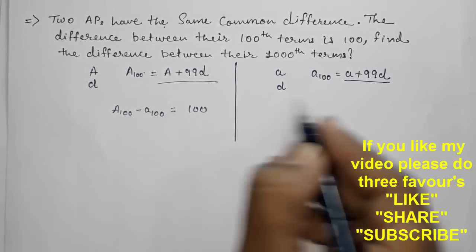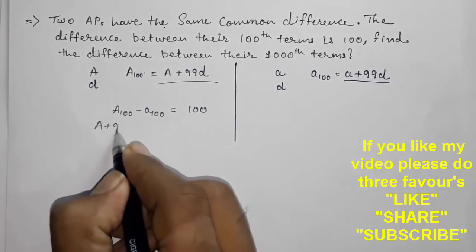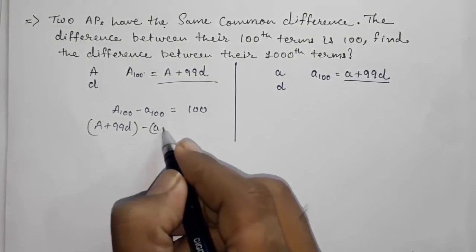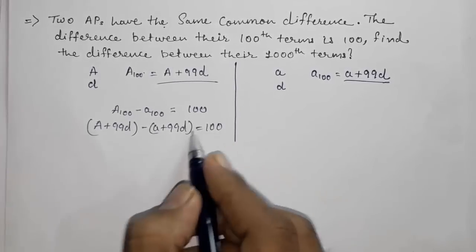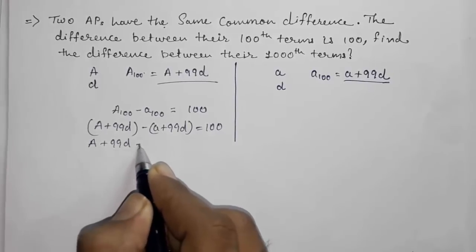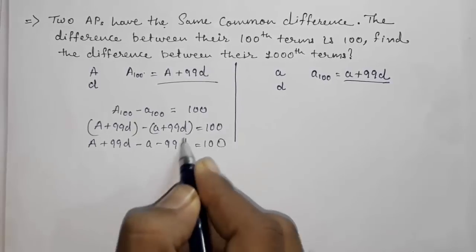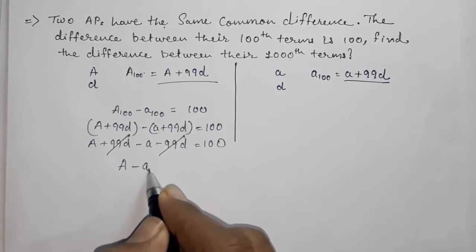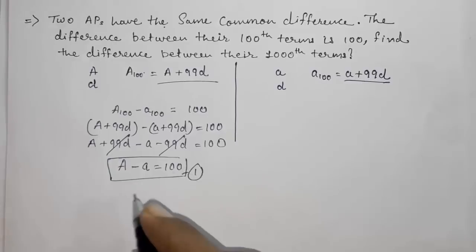So with the help of this, A plus 99D minus a plus 99D equals 100. So we will open this: A plus 99D minus a minus 99D is equal to 100. These both will get cancelled and we got that capital A minus small a is equal to 100. This will be our result number 1.